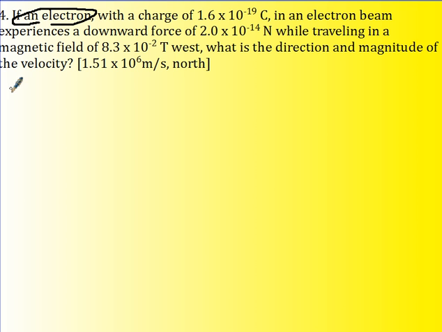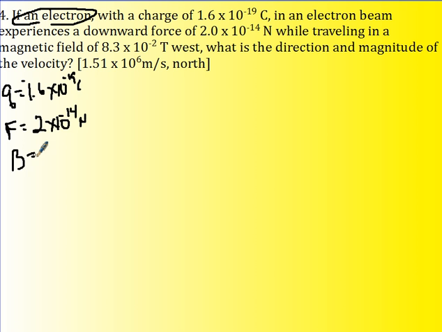With a charge of 1.6 times 10 to the negative 19 coulombs, experiences a downward force of 2 times 10 to the negative 14 newtons, while traveling in a magnetic field B of 8.3 times 10 to the negative 2 teslas, west.